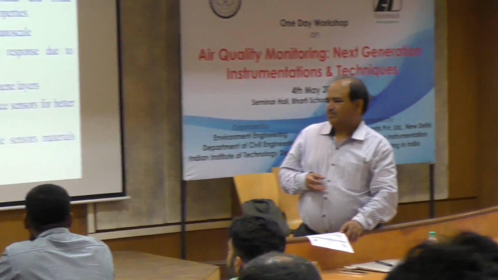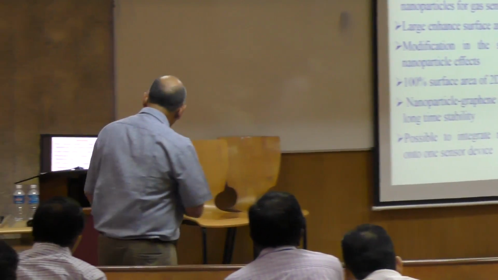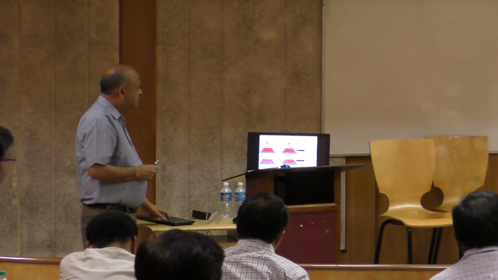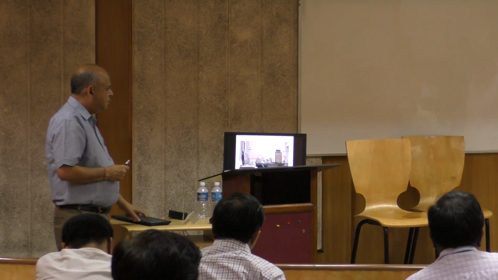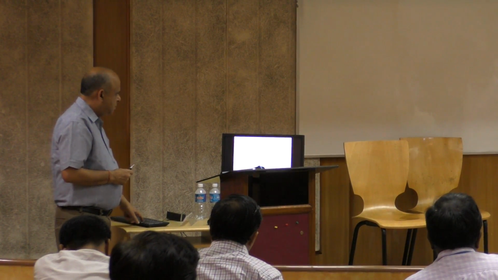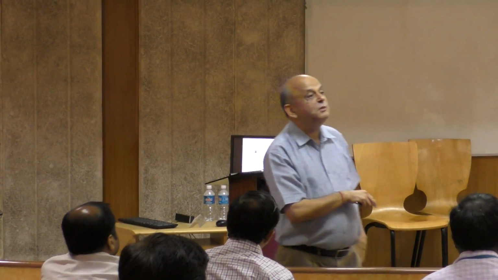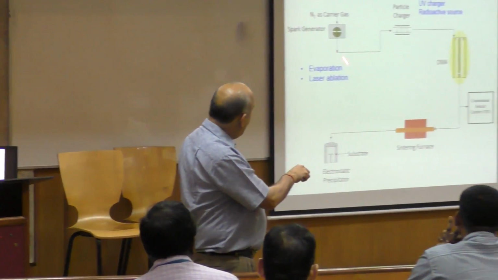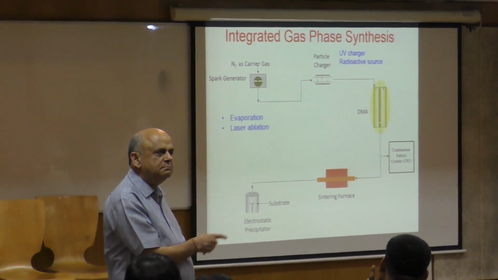The good thing in this process is that the nanoparticles are being prepared in the gas phase. So what you have is a condensation particle counter. You can count the particles. Now we know how many particles are passing this line per second.